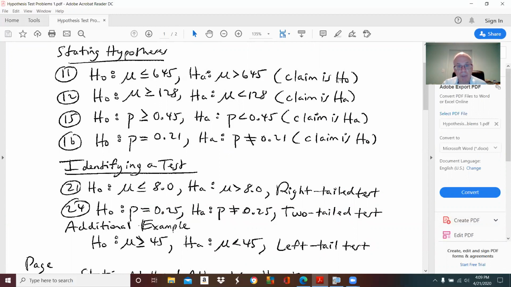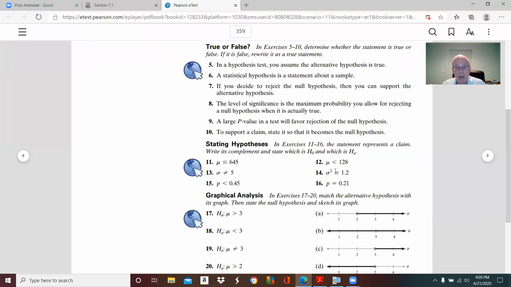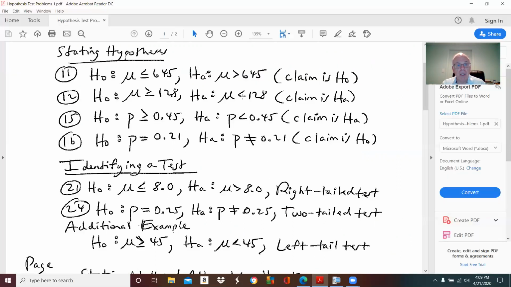So in this case, the claim is the null hypothesis. Number 12 says mu is less than 128. Well, less than is one of the symbols we can use for the alternative hypothesis. So the alternative hypothesis, mu is less than 128, is the claim. So the claim in this case is the alternative hypothesis. Therefore, the null has to be the complement of it, greater than or equal to 128.